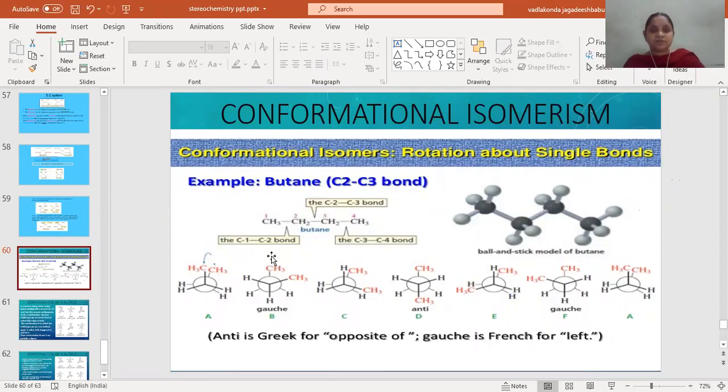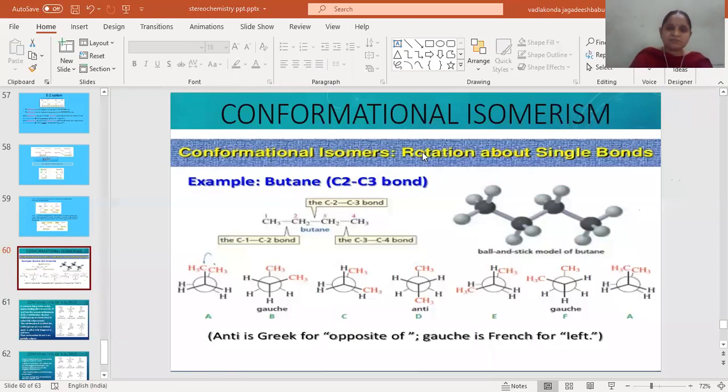Now till now whatever we have discussed, that will be coming under configurational isomerism. Now coming to the conformational isomerism.